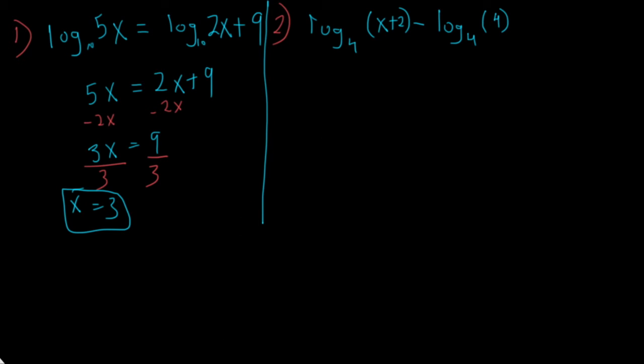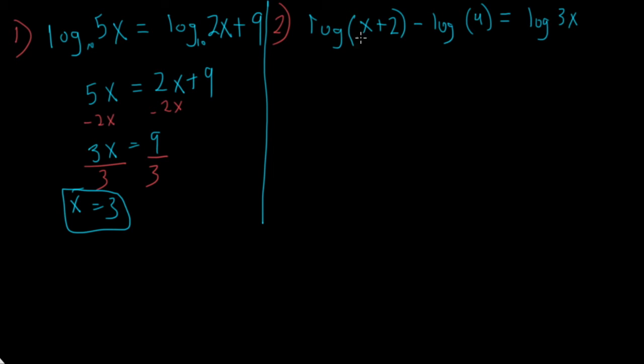And actually, I'm going to change this to just log base 10. I think it's going to make it a little easier on us. So log of x plus 2 minus log of 4 is equal to log of 3x. All right, see if you can solve this on your own.